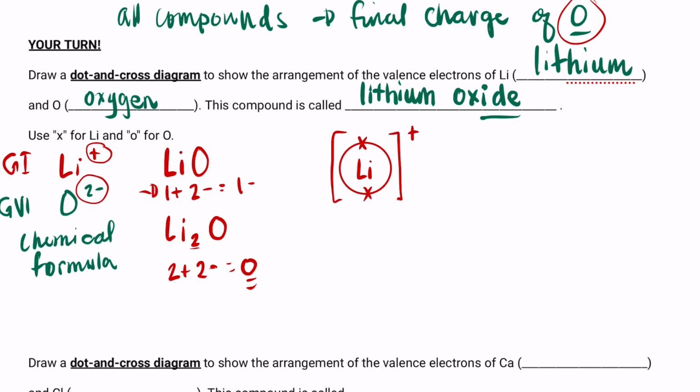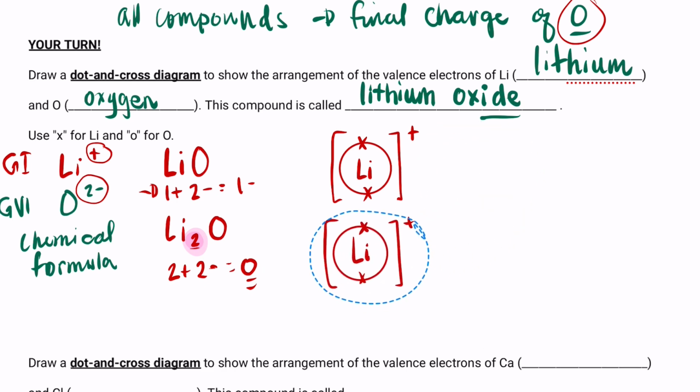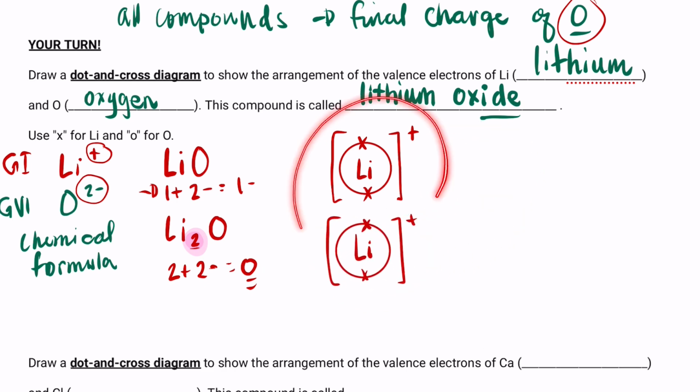Now, since we have 2 lithiums, we need to draw 2 of these. Now, please make sure they are on top of each other. Not here. Here. Because this 2 represents this part.